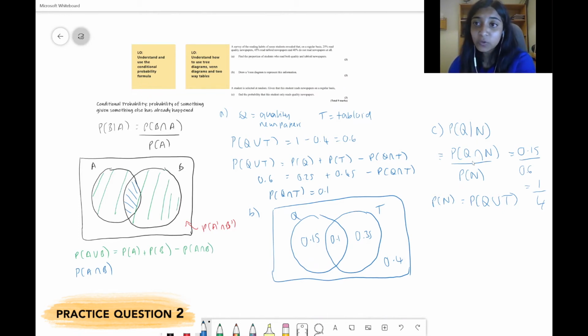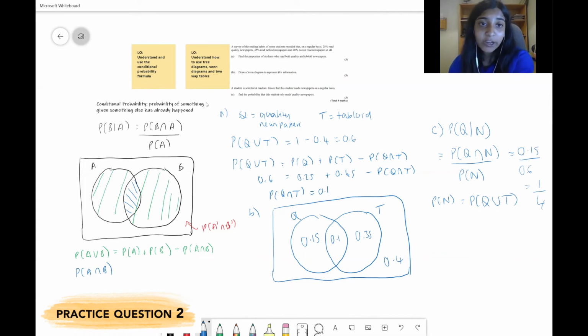So the intersection of quality newspapers and newspapers, that's just reading both quality and newspapers at the same time. So that's just the same as reading only quality newspapers. So we got that as 0.15. And the probability of reading newspapers, that's just probability of reading either quality or tabloid, so any type of newspapers. So we got that as over 0.6.